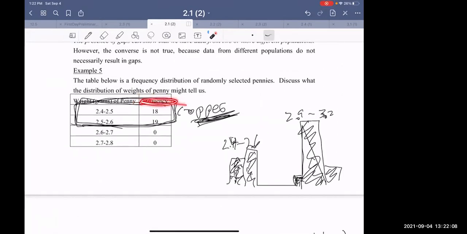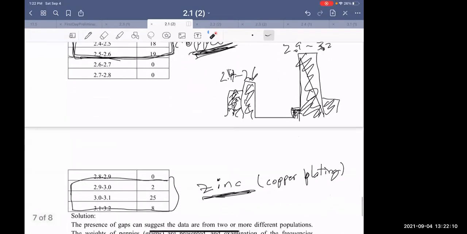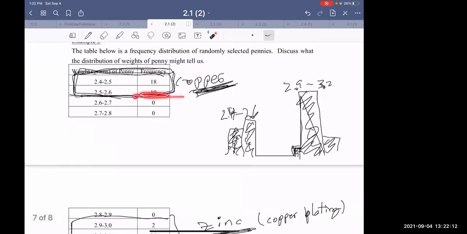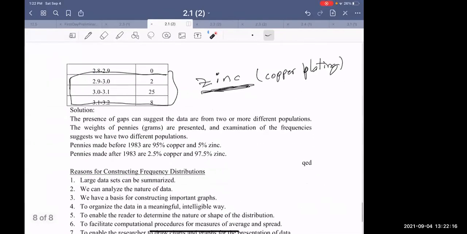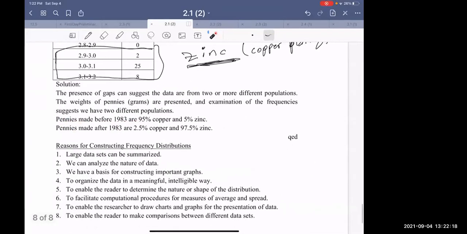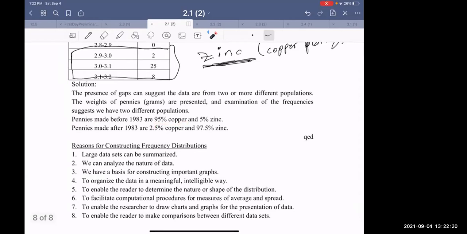It just weighs slightly less, slightly more if you get a real old copper penny. So before 1983, it was 95% copper and 5% zinc. After 83, it is 2.5% copper and 97.5% zinc. See, it's really no longer copper.